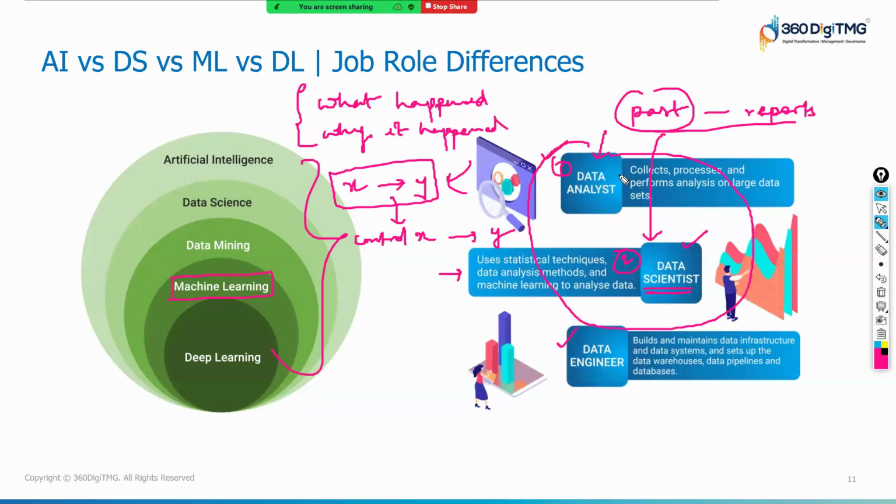A data engineer is responsible for ensuring that data is passed to the data analyst team or data scientist team, because without data, we cannot do any of these things. The data engineer ensures the data flows to them.